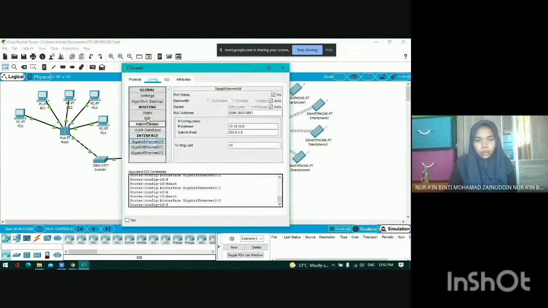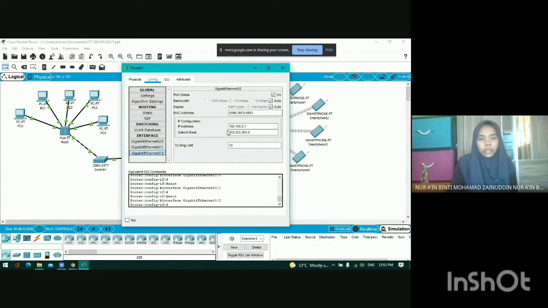For the router, gigabit internet. For the PC, IP address is 10.10.10.6, gigabit internet for the smartphone and laptop. IP address is 192.168.1.11 and gigabit internet for the server.